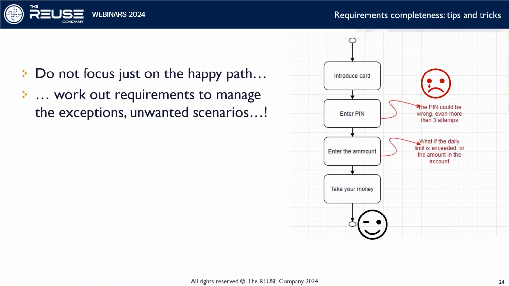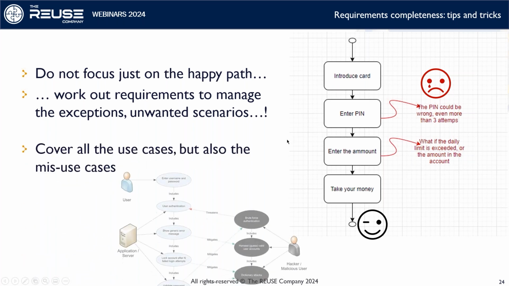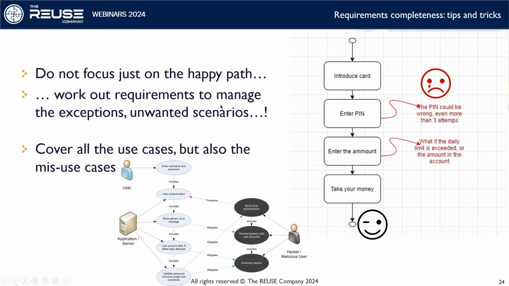This is what we already said about the sunny day versus rainy day. So the idea is to avoid focusing just on the happy path. This is what happens when everything is okay. But what about having a wrong pin code and having more than 3 attempts? This is the unwanted scenario, and we have to cover also what happens in that case.